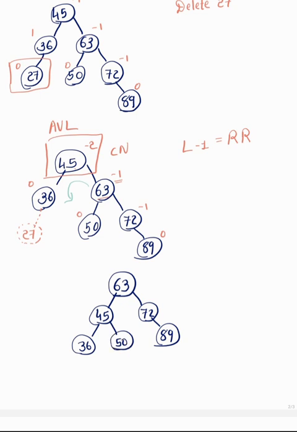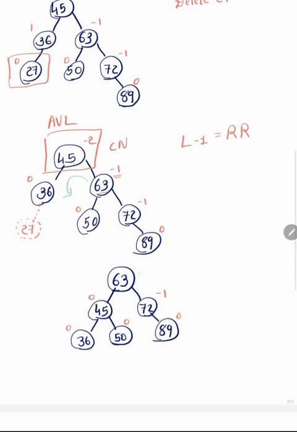So it's done. Now if you check the balance factor, for 36 it's 0, 50 it's 0, 89 it's 0, 72 it's -1, 45 it's 0, and 63 it's 0, right? So now it's your balanced AVL tree. So I hope you understood this L-1 as well, right?